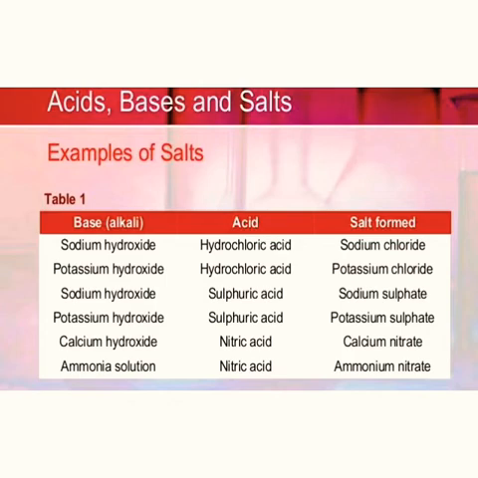The last example, ammonia solution and nitric acid. The salt we got is ammonium nitrate. Ammonium is from the base and nitrate is from the acid. Like that, depending on the acid and base reacting, we are getting the corresponding salt, and depending on the common anions and cations, we are categorizing the family like chloride family, sulfate family, nitrate family, etc.